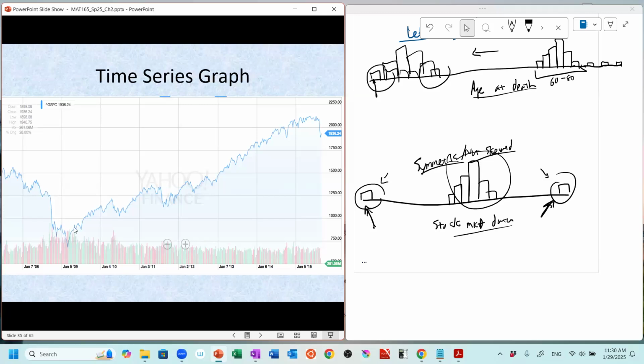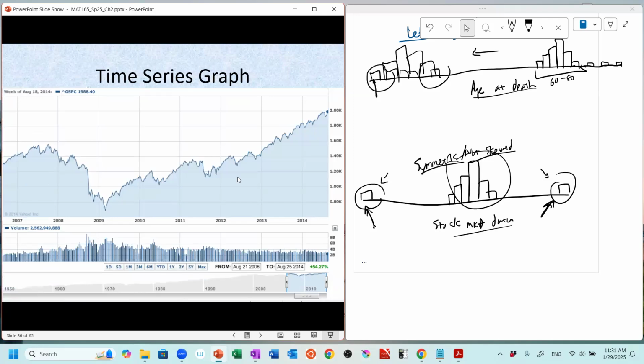We have a big crash and then a long, steady recovery. That's pretty typical of crashes, right? You don't sell at the bottom of a crash because then you miss out on the big recovery. You would have bought high and sold low, and that's the exact opposite of what you want to do.